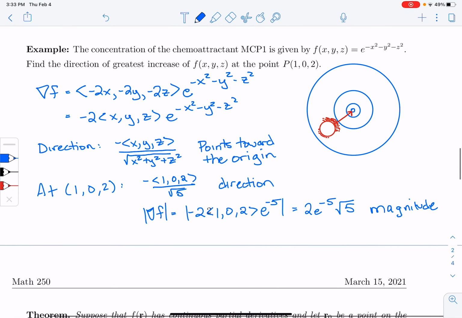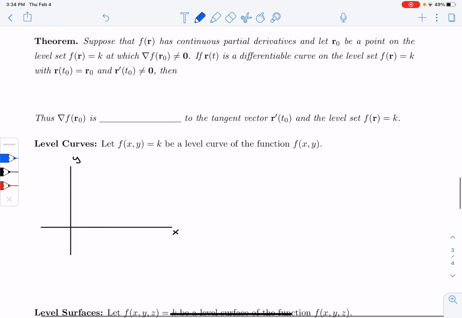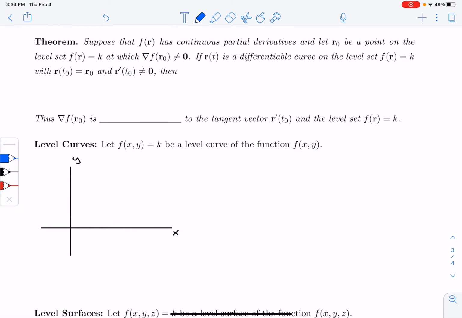Okay. And now I want to look at another interpretation of the gradient. Suppose that f of r has continuous partial derivatives, and r0 is a point on the level set f of r equals k.